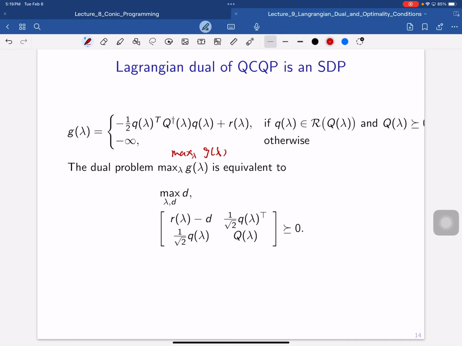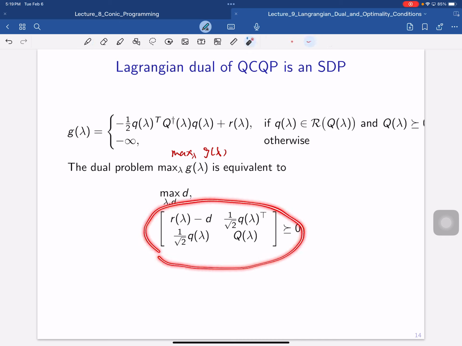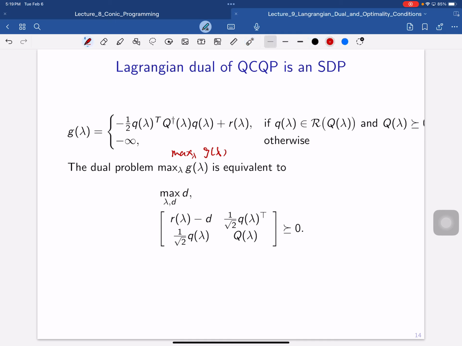So let's take a look at this matrix here. First of all, this constraint is saying that this big matrix is positive semi-definite. By using the Schur's lemma, the positive semi-definiteness of a big matrix is equivalent to the positive semi-definiteness of two smaller matrices.